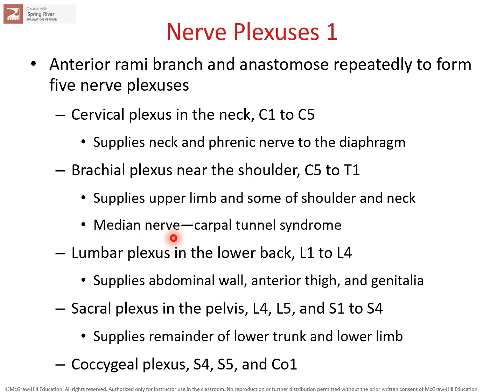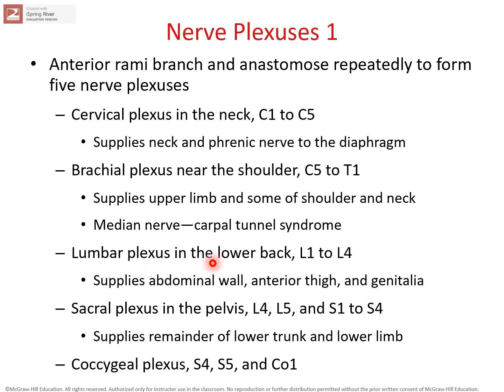This is a nerve that, when pressed on, causes carpal tunnel syndrome, and due to obstruction or damage of this particular nerve, you might have numbness or even pain in the carpal tunnel area, right?